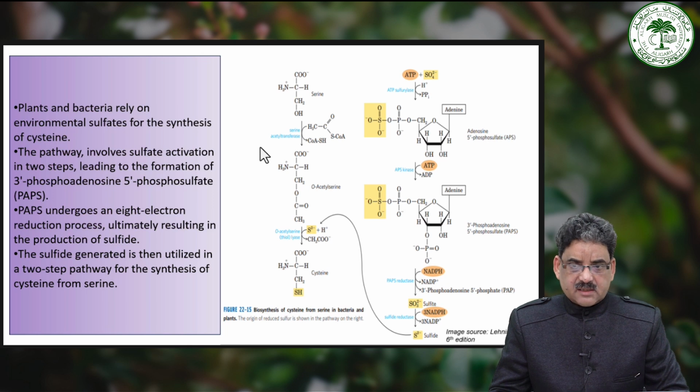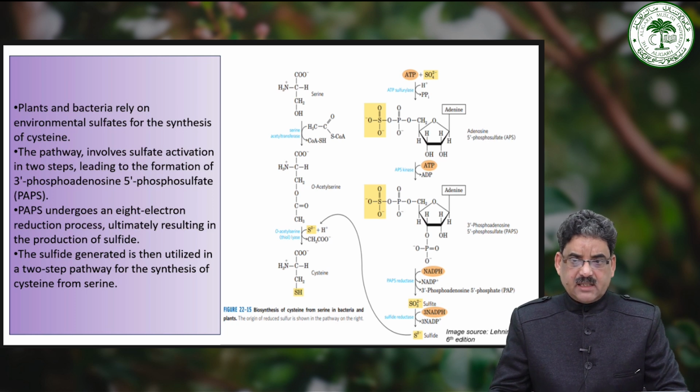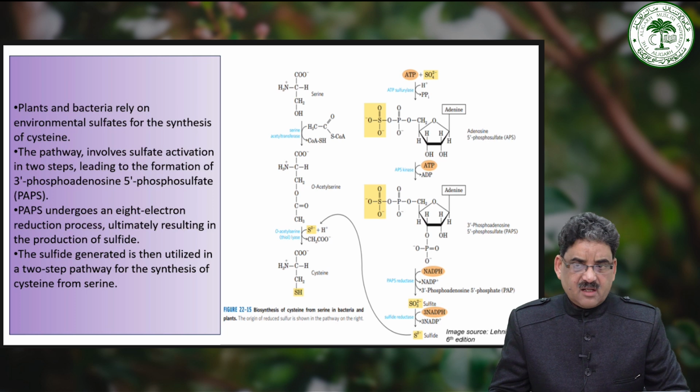In short, it is called PAPS. Subsequently, this PAPS undergoes an 8-electron reduction, resulting in the formation of sulfide. This sulfide is then utilized in a two-step pathway for the synthesis of cysteine from serine.